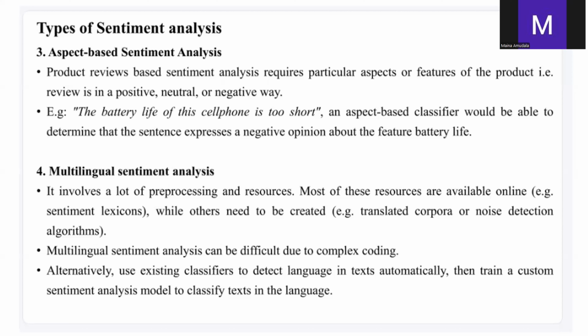Alternatively, we use existing classifiers to detect language in text automatically, then train a custom sentiment analysis model to classify text in that language. These are the four different types of sentiment analysis.